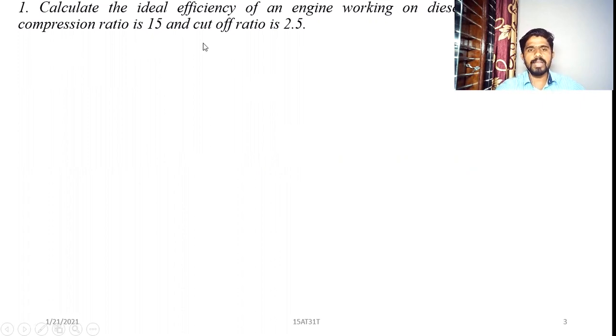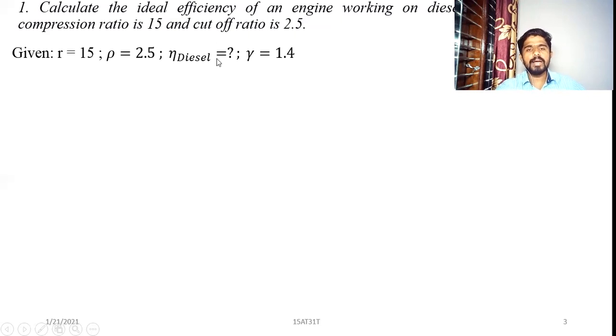Write down the given data: the compression ratio R is equal to 15 and rho, the cutoff ratio, is equal to 2.5. Calculate the efficiency of the diesel cycle. Take gamma is equal to 1.4.